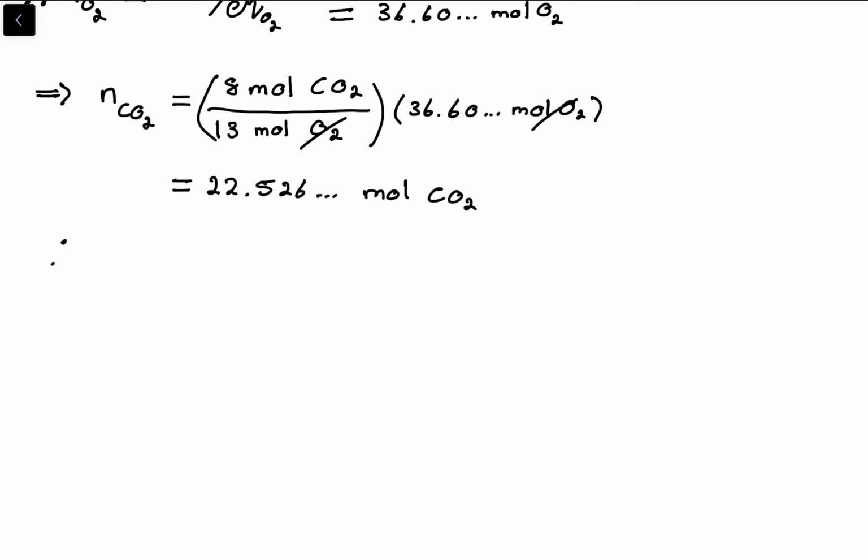And finally, we ask for the mass. So the mass of CO2, of course, is equal to the number of mole of CO2 multiplied by the molar mass of CO2. And the molar mass of CO2 is 44.008 gram per mole.